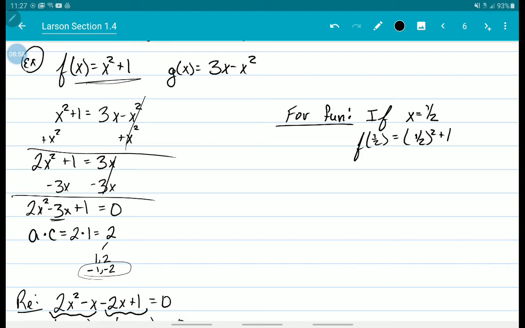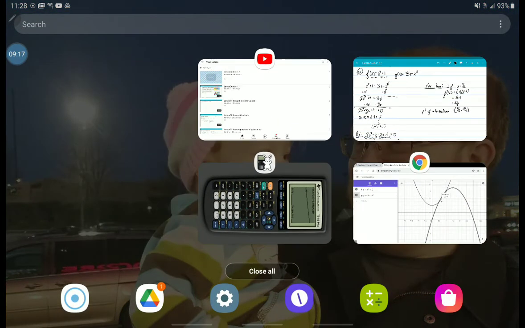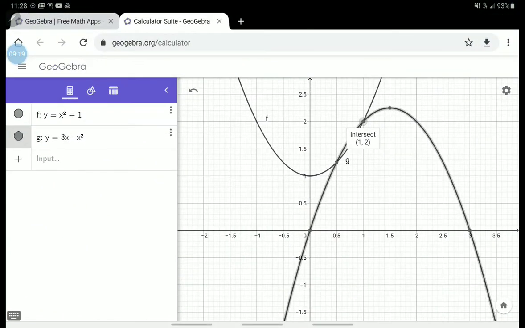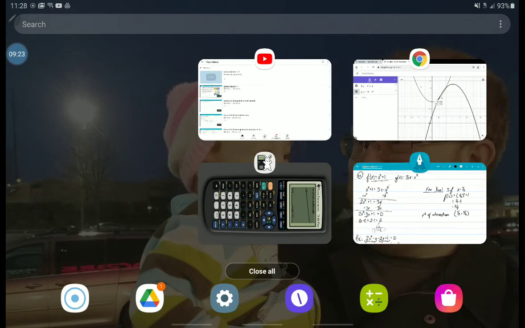I'm just going to plug it into this one. So 1/2 squared is 1/4 plus 1, and that's going to be 5/4. So that's finding what's called a point of intersection. And that's when x equals 1/2, y equals 5/4, which is exactly what we saw over here for that intersection. 5/4 is the same thing as 1.25.